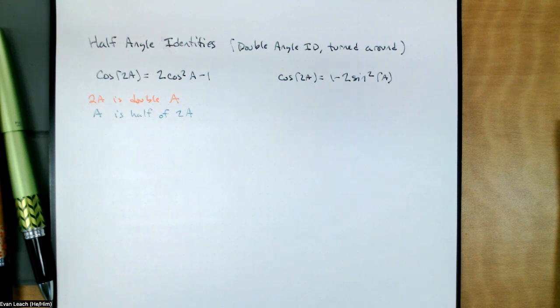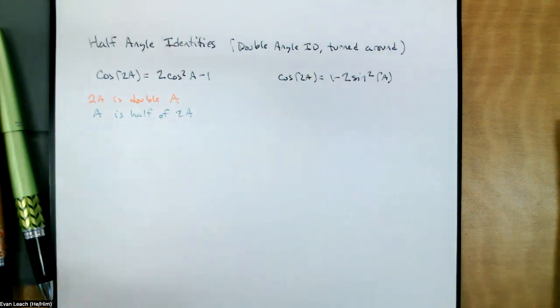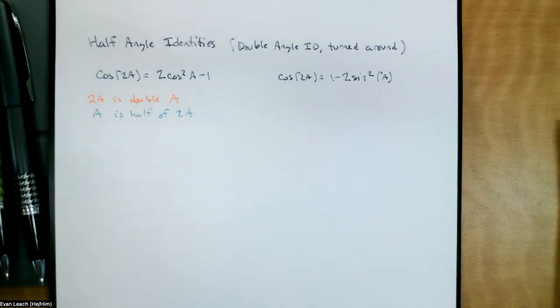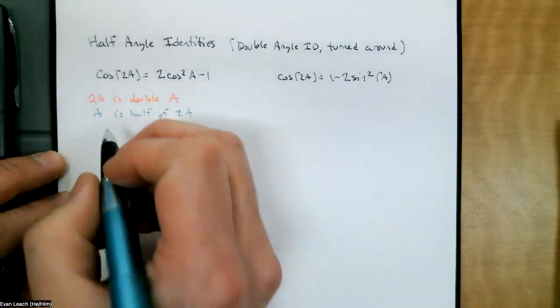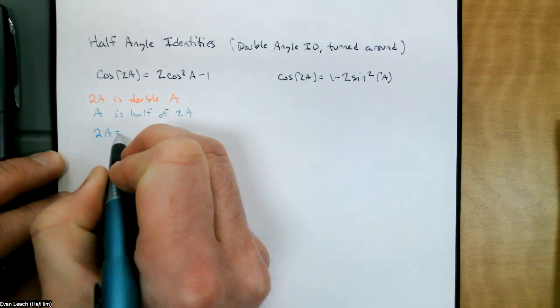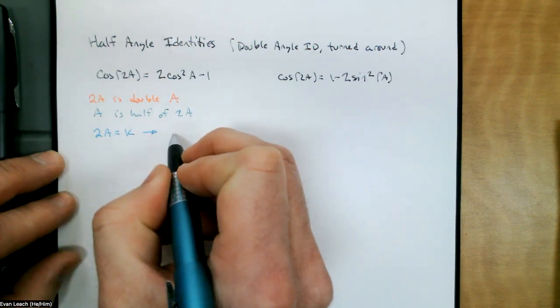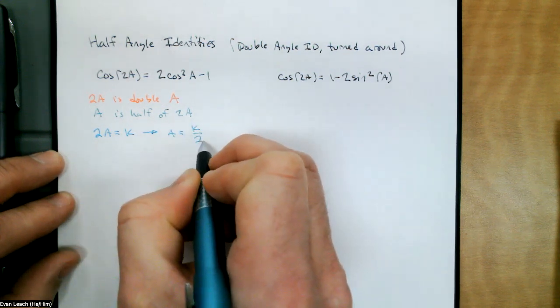I'm going to solve the double angle identity for the cosine of A. Just going to reframe things. Here's how we can reframe things. I can say that 2A is equal to, let's say, K. That means that A is K over 2.